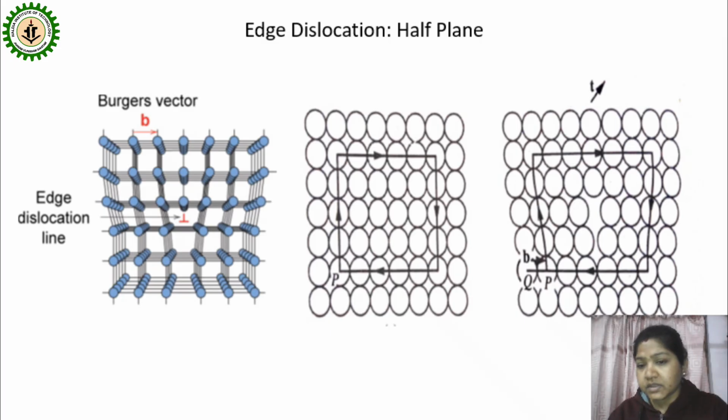Burgers vector is towards the right side, distortion from Q to P, and the amount of the distortion is nothing but the lattice parameter A. So that's why B helps to determine the direction and the magnitude of the distortion.